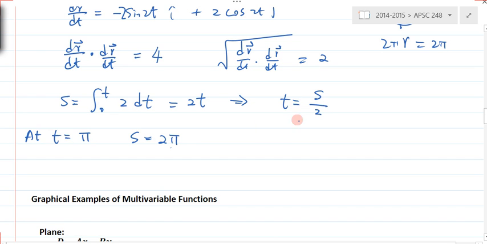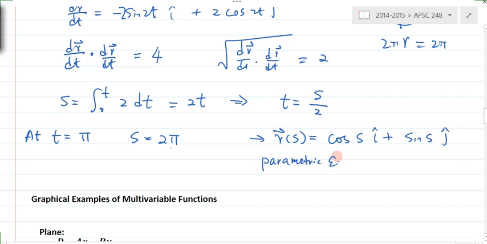So I will get r of s equal to cosine s i hat plus sine s j hat. So this is basically a parametric equation in arc length s.